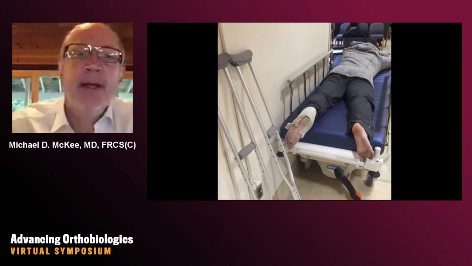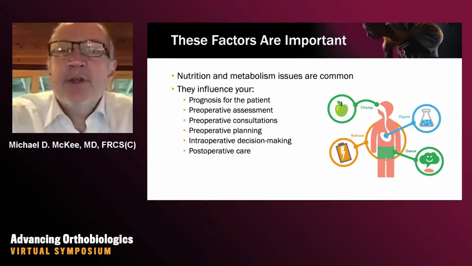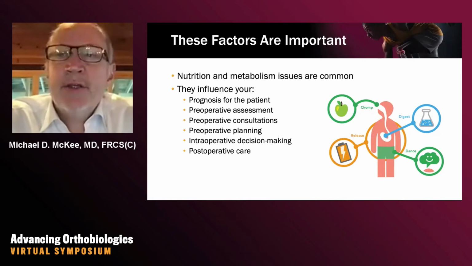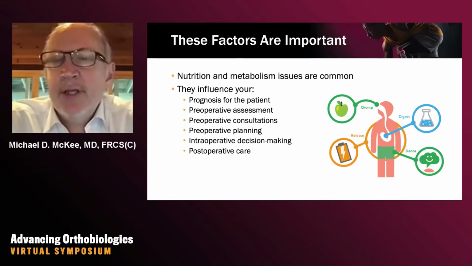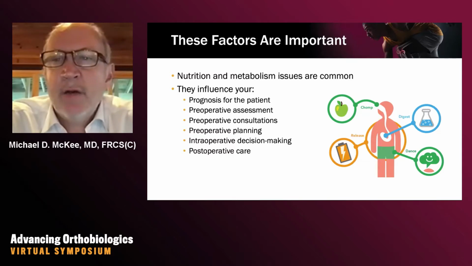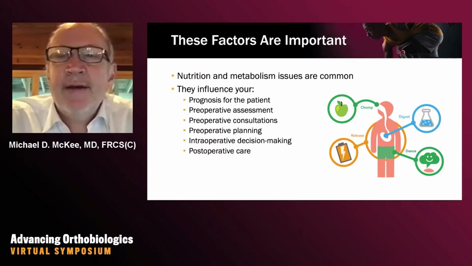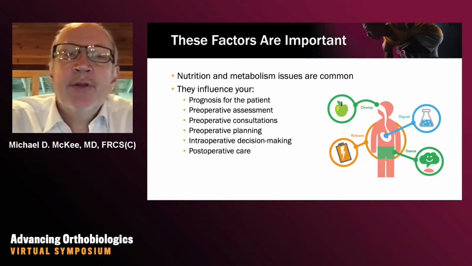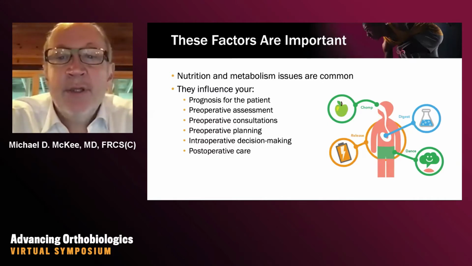Nutrition and metabolic issues are common in your patients, especially so in the non-union patient who doesn't heal. And they absolutely influence a number of different aspects of your care of the patient. They can affect your prognosis of the patient. So you can be more accurate in your prognosis in your patient's preoperative visit if you know what these issues are.